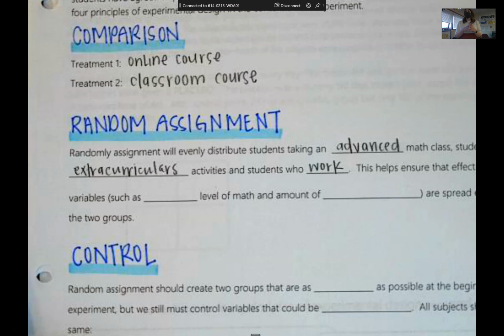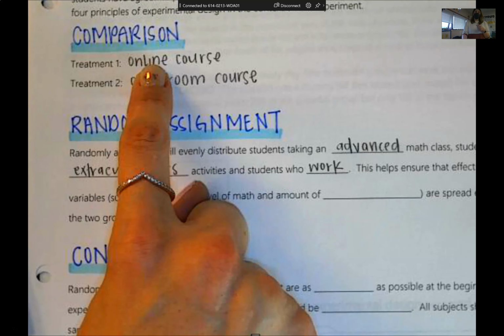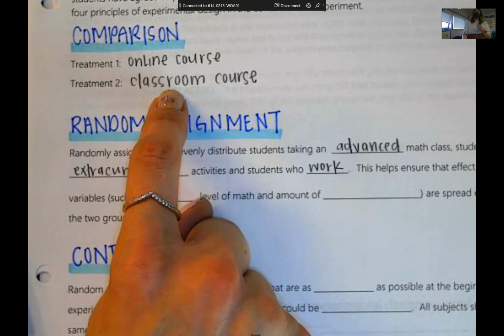The population isn't all just going to be homogeneous. So what you want to try to prevent is getting a bunch of one kind of kid in a group. For instance, you don't want all the advanced math kids in the online course and then all the kids that work in the classroom course.